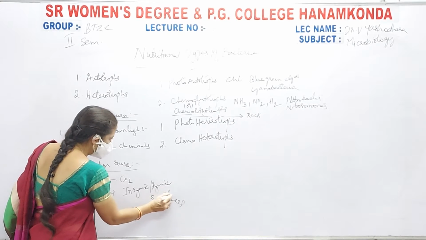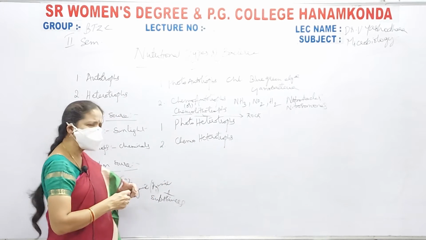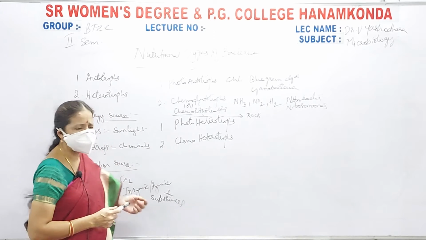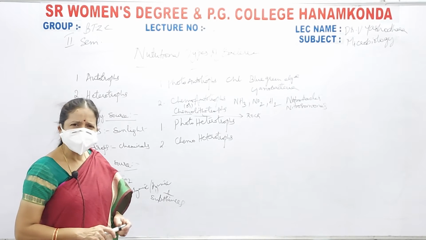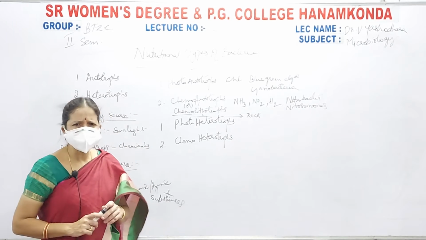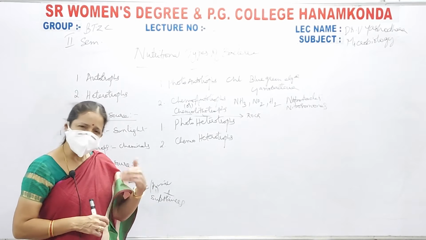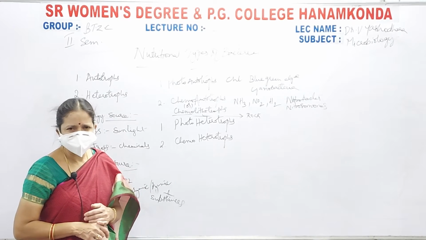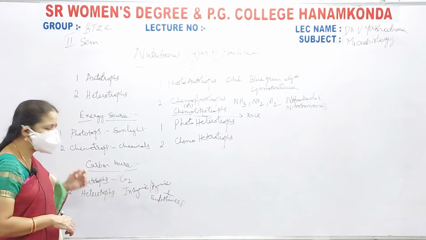So, see here, you can ask me a question: what is the necessity of an energy source, of a carbon source, because they are in no way synthesizing the food material? They are dependent on other organisms for their food material. Then why are they dependent on an energy source and a carbon source?